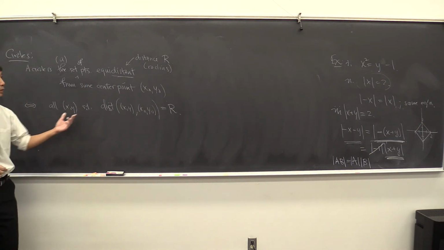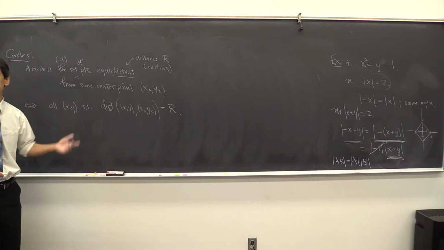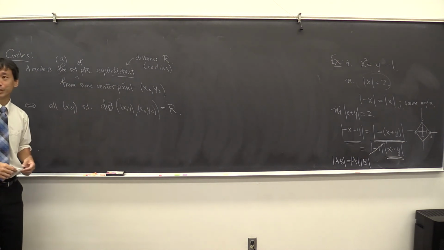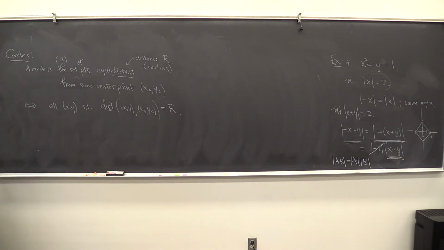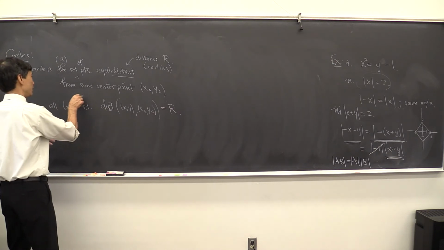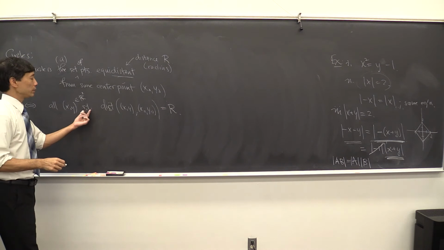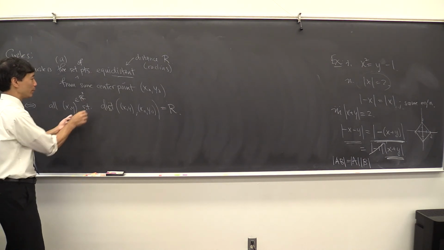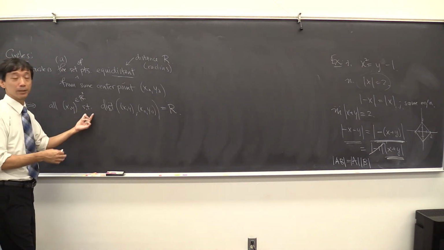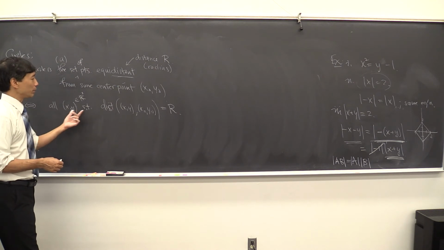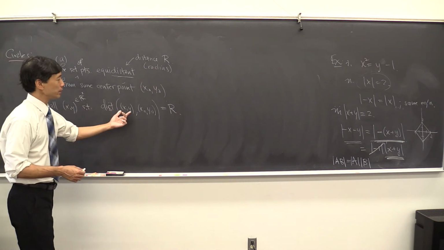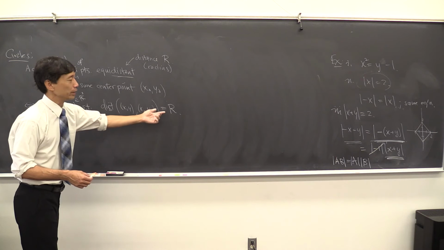Just rewriting the same thing in something pretty close to English. It's a set of all points xy in the plane with the property that their distance from this central point is equal to r.